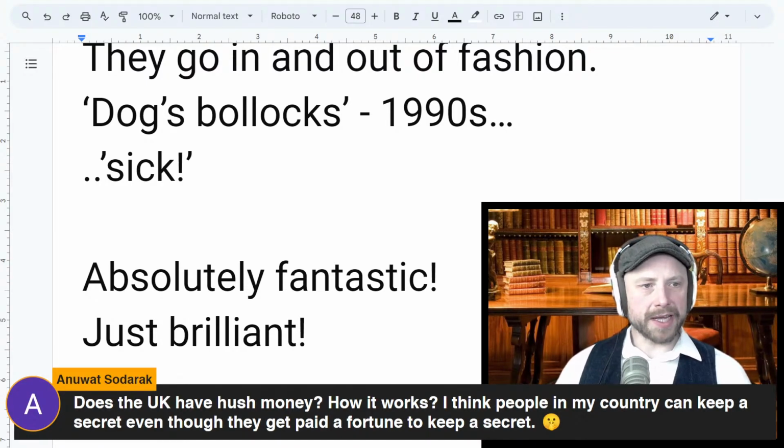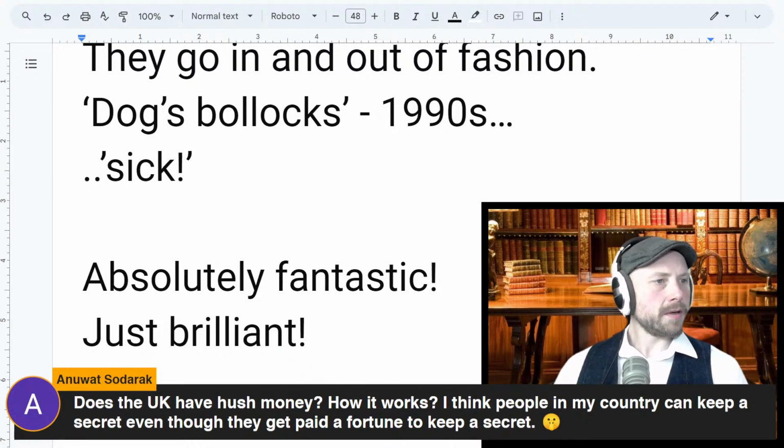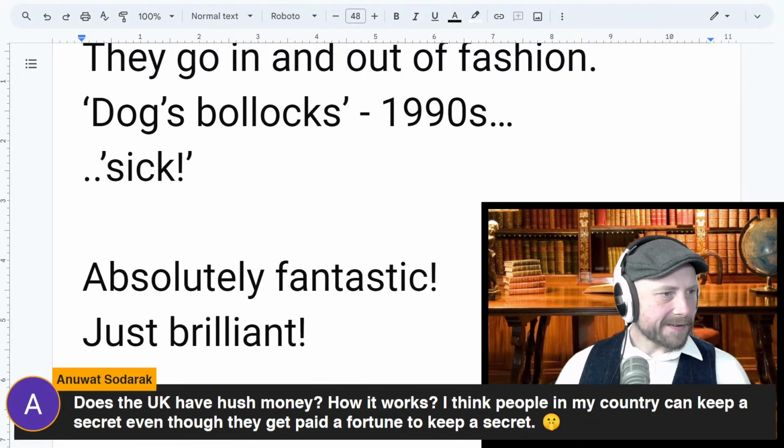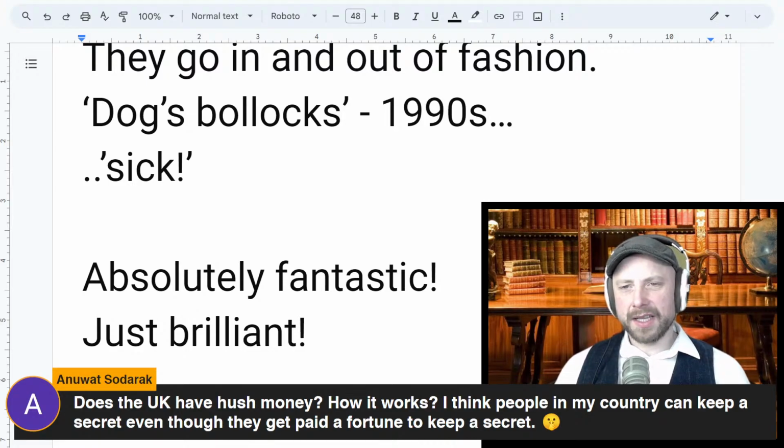Anawat says, does the UK have hush money? How's it work? I think people in my country can keep a secret even though they get paid a fortune to keep it. You mean can keep or can't keep? I think the UK does have hush money, but it's often associated with the United States. And one of the reasons I think hush money is associated with the United States is due to their punitive legal system when it comes to civil cases.